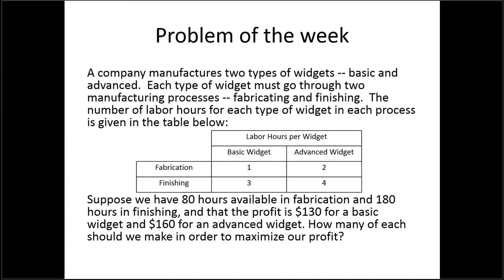So the problem of the week this week, we're back in the widget business again, which I guess makes 2 weeks in a row of widgets, or at least 2 of the last 3 weeks. So we're manufacturing 2 types of widgets, and I tried to kind of ape a real-world situation here in the sense that almost any kind of problem in the real world is going to have constraints, whether they be monetary, physical, or otherwise.